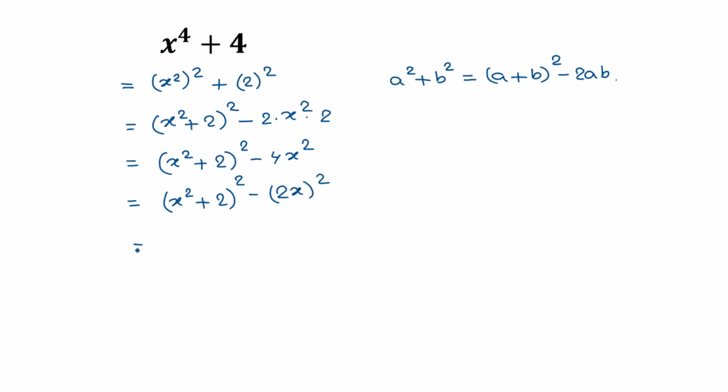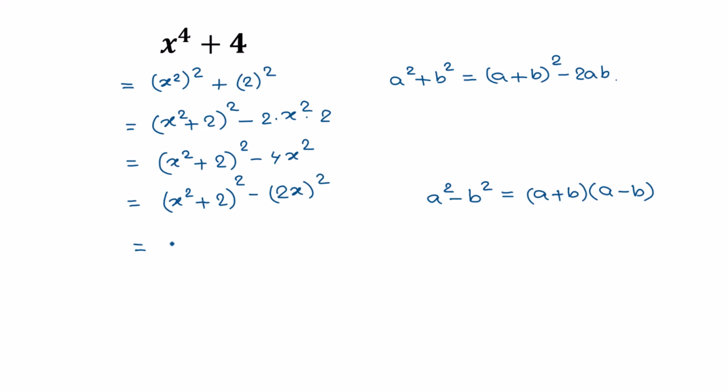Again applying a formula, a square minus b square is equal to a plus b times a minus b. Applying this formula, consider this x square plus 2 as a, and this twice x as b. So a square minus b square is equal to a plus b times a minus b.